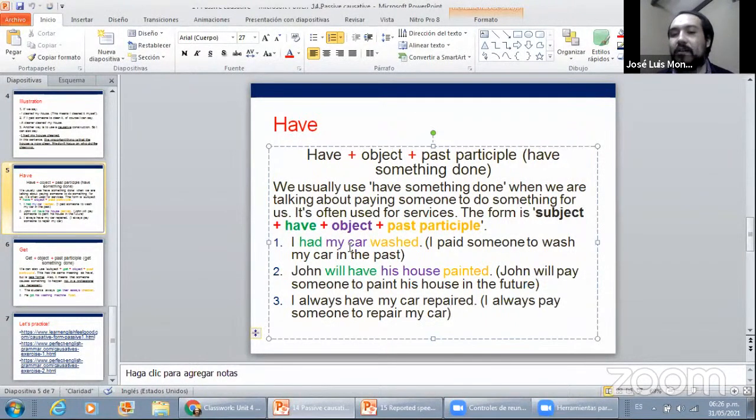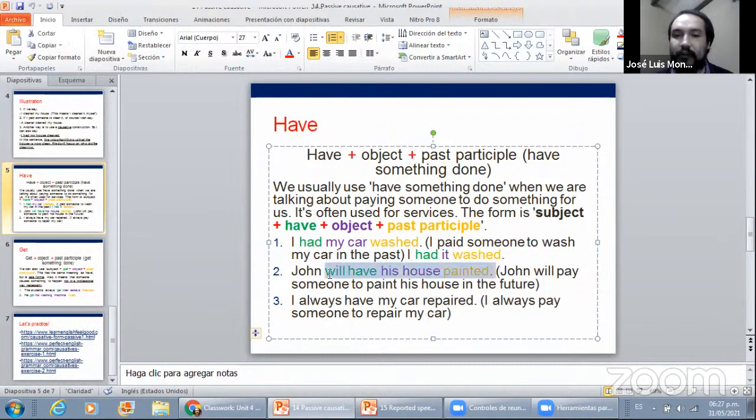I'm saying car here because if I say it, what am I talking about? It can be a car, it can be something, right? That's why I'm saying here the car or my car, all right? But if I mention this a second time, it's exactly the same to say I had it washed.